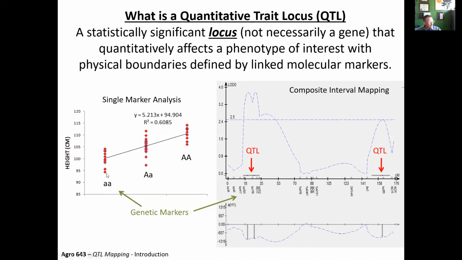And we can see the genetic variance of individuals with little a. Then individuals with the heterozygous genotype, big A, little a, show that the average height is 105 centimeters. And those with dominant big A, their height on average is 110 centimeters.